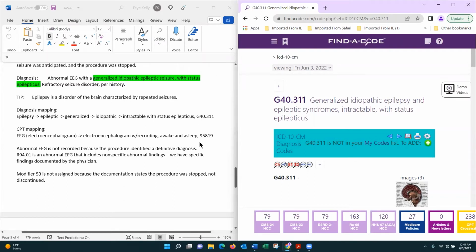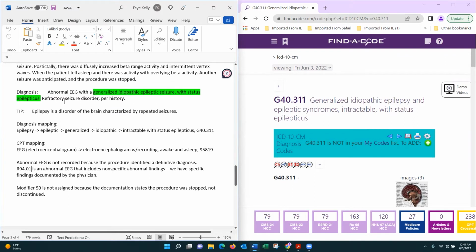I made a note, and I want to look here because I think both of you assigned this abnormal EEG, R94.01. But that is why when I was reading the diagnosis to you, I wanted you to see that we have a definitive one. Remember our symptom rule.